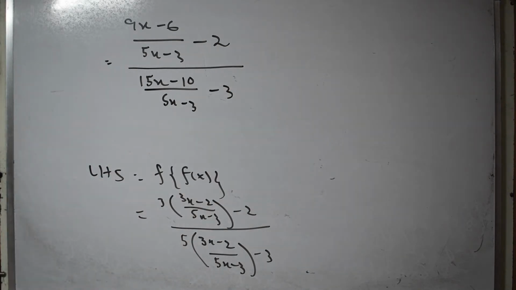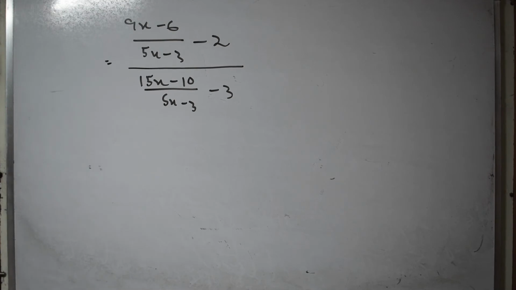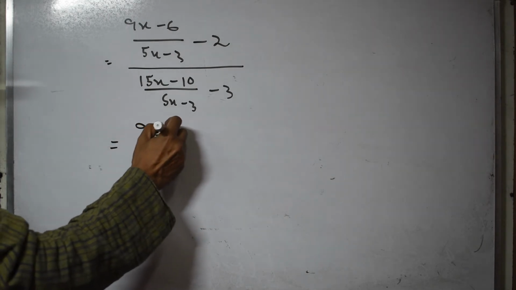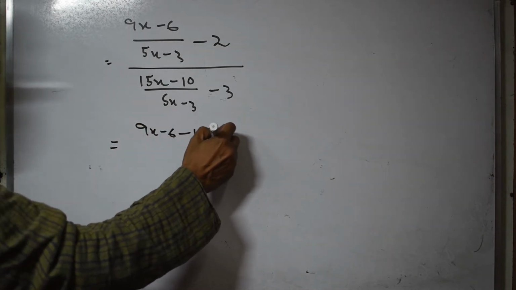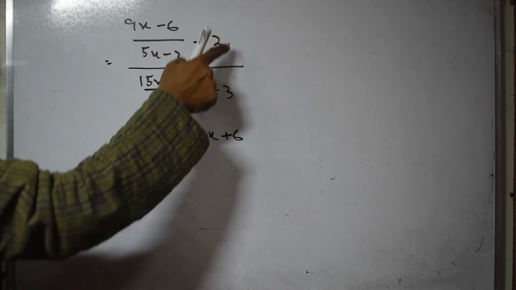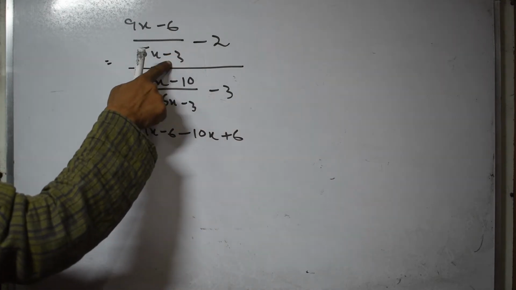Now we will take the LCM in the numerator and in the denominator separately. So when we take the LCM, we find 9x minus 6 minus 10x plus 6, because the LCM 5 into 2 is 10x, 3 into 2 is 6, but there is a sign.